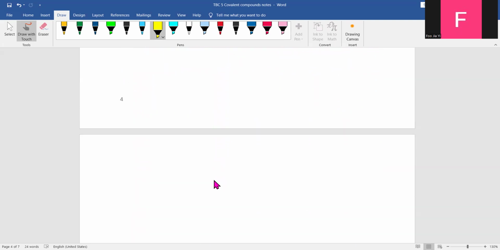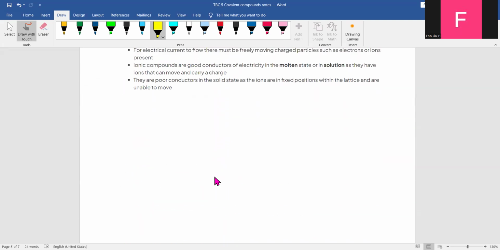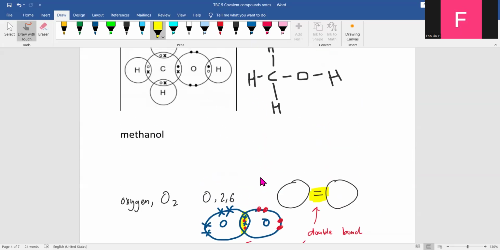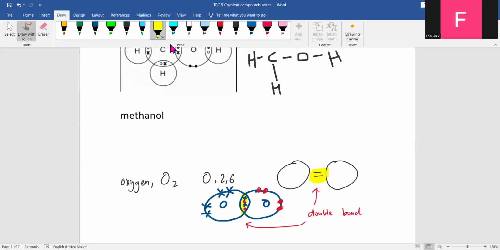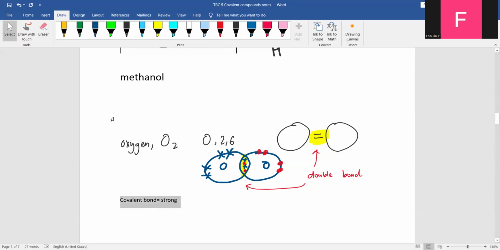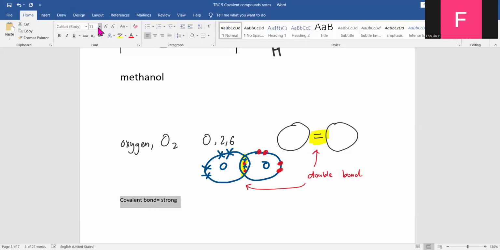Okay. So these are called physical properties. However, for covalent, it's the other way around. For covalent, it's just molecules. So the bond between atoms is called covalent bond. Covalent bond is really, really strong, and it takes a lot of energy to overcome the covalent bond.